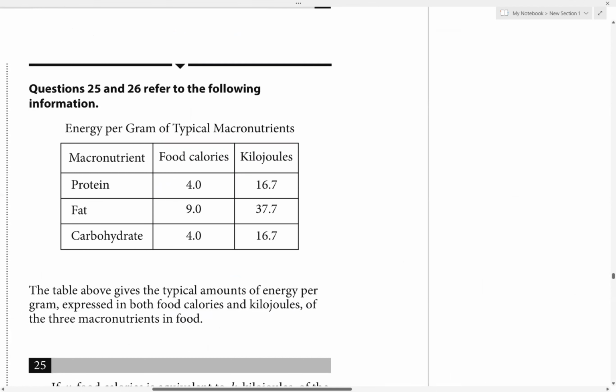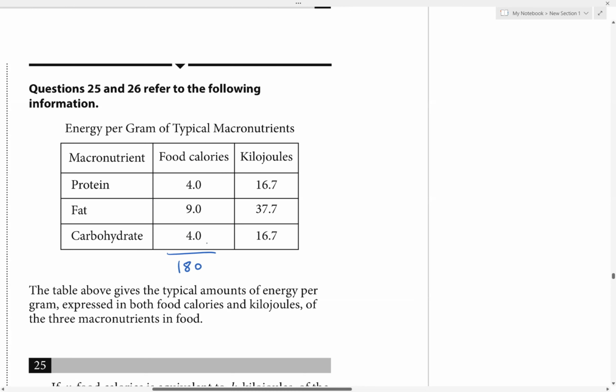So we have 4 calories for protein, 9 calories for fat, and 4 calories for carbohydrate. Okay, and we're only looking at this column because we're talking about the food calories, not the kilojoules. And we know in total they add up to 180 food calories. The granola bar is 180 food calories.